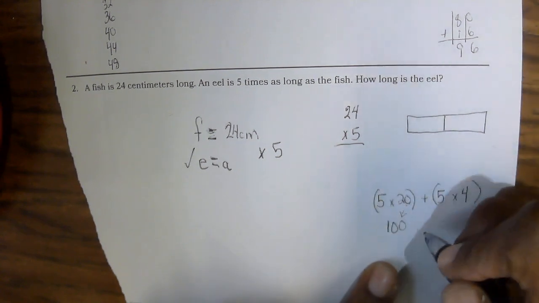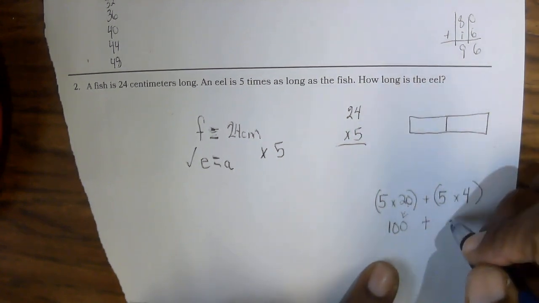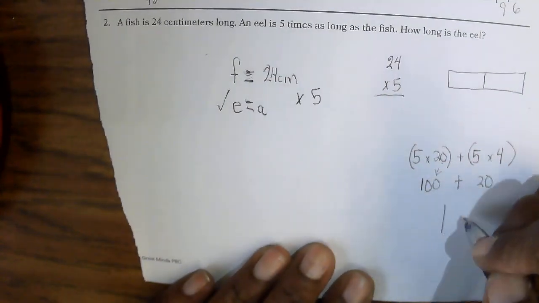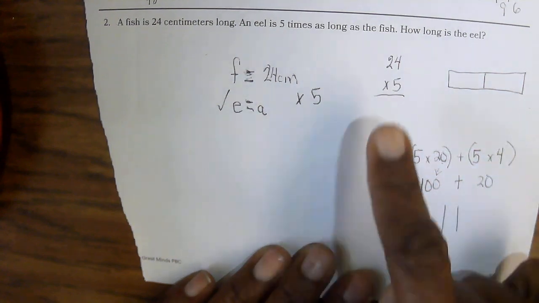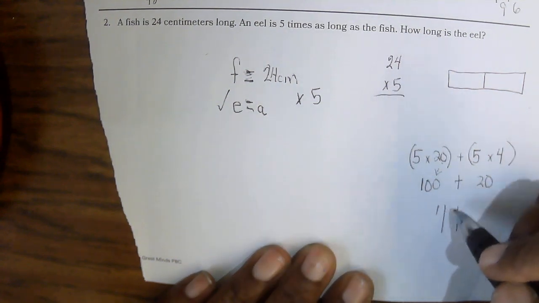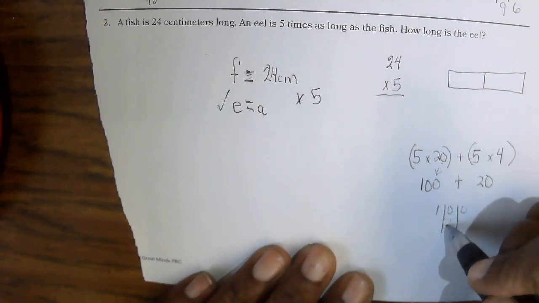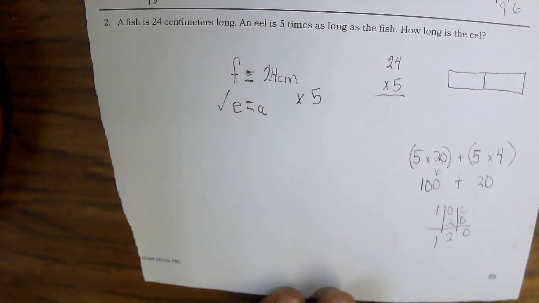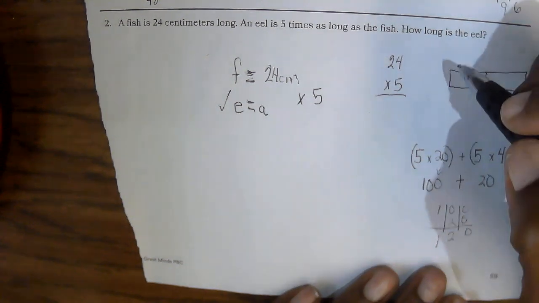That's 100. Plus 5 times 4 is 20. And I'm going to do my 2 lines because I have 2 digits. That's 100. That's 20.